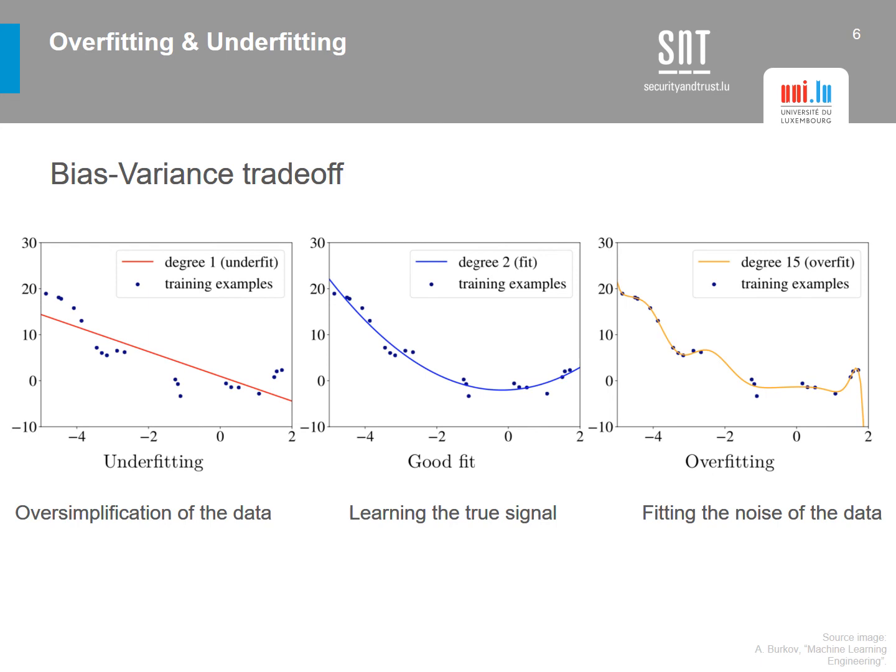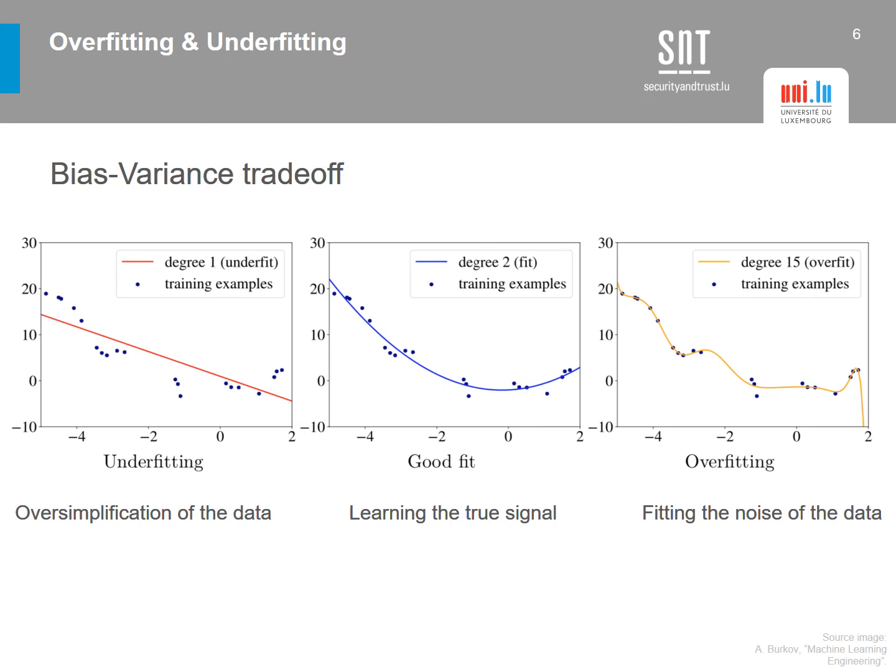Also, noise can be there if we fail to identify an unobserved feature that is adding some noise. Just to summarize, underfitting is an oversimplification of the data, and overfitting is fitting to the noise of the data.